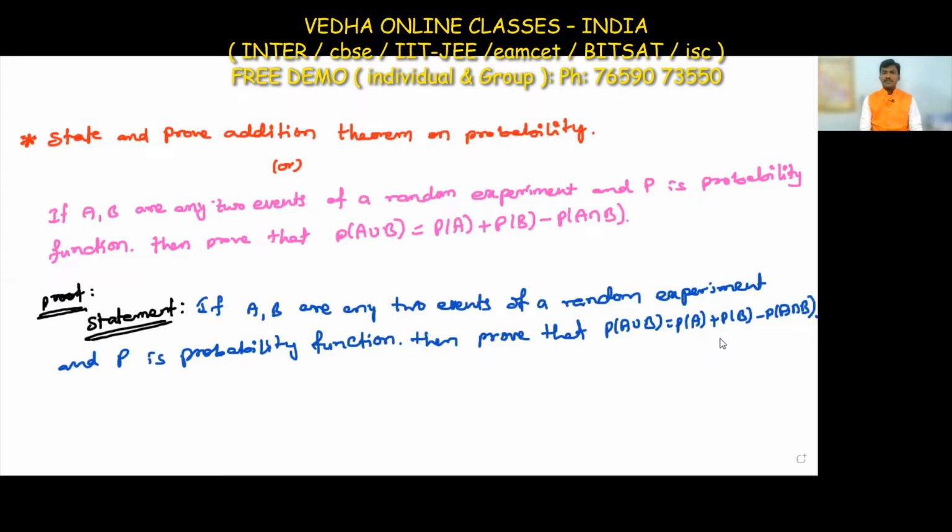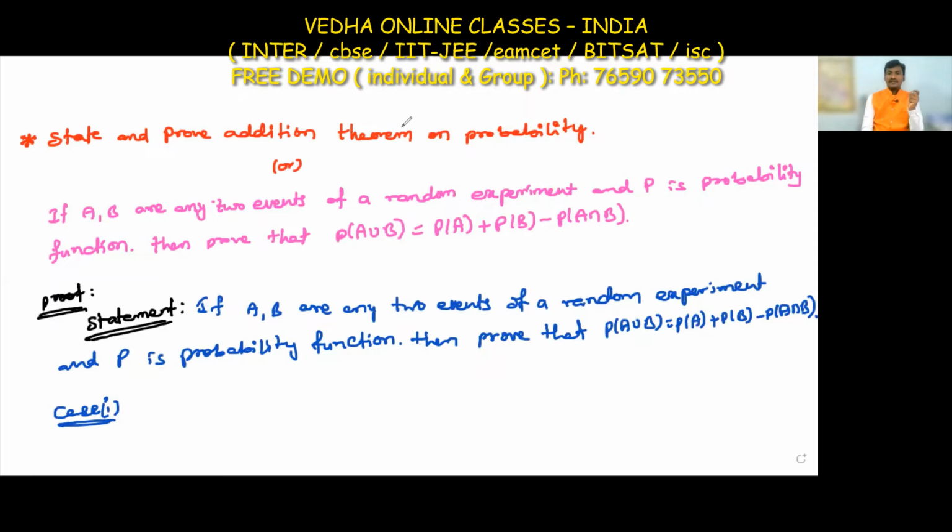Now we have to prove this. After writing the statement, we have to prove this. How do we prove this? We have case 1 and case 2. I am taking case 1 here. So what is case 1?